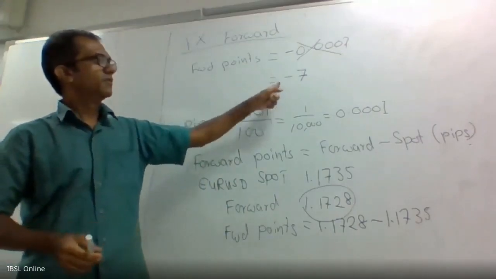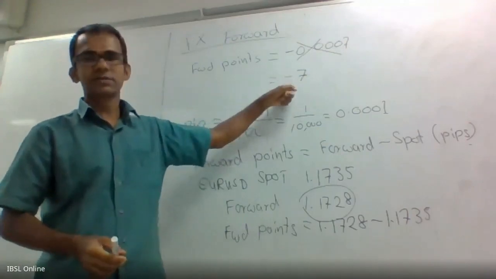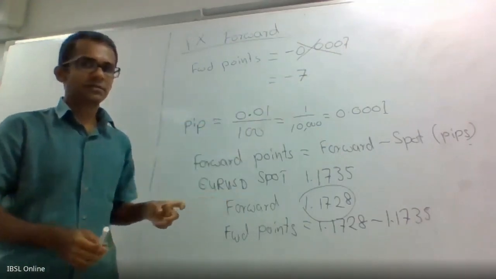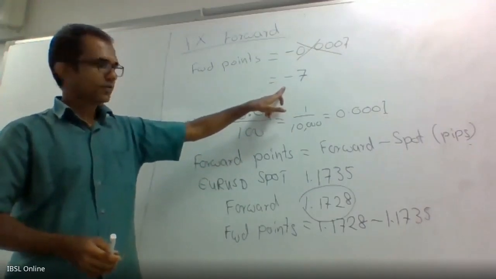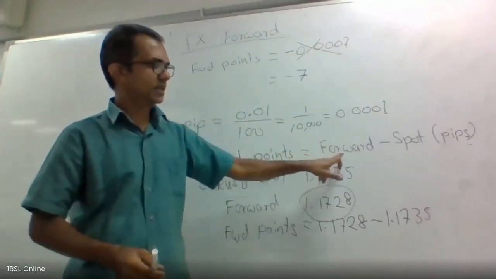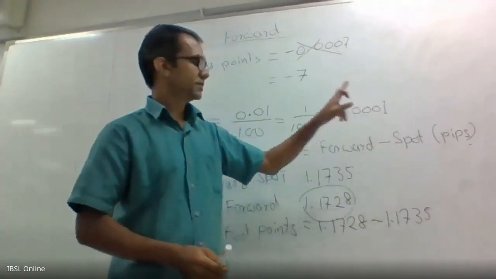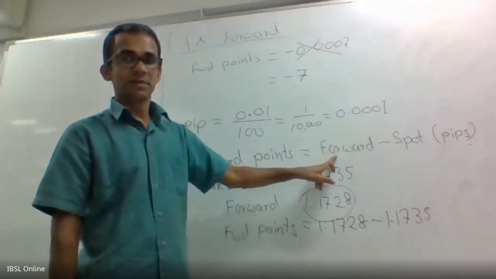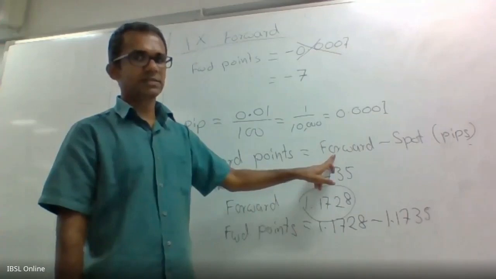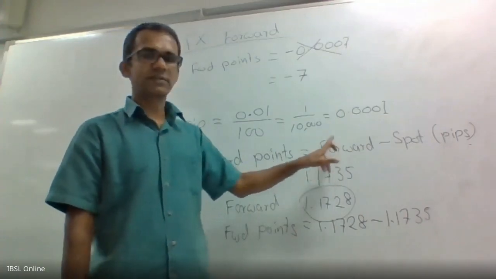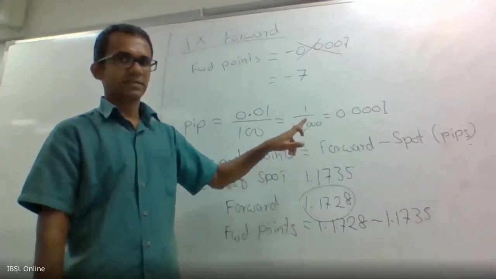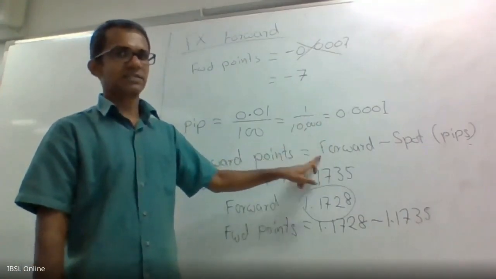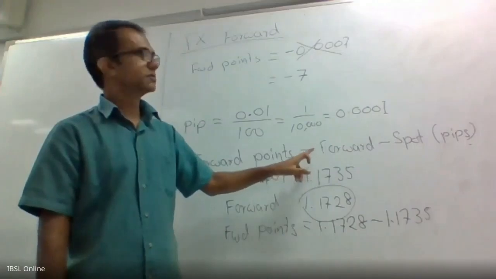And again, when you see forward points negative, what does it mean? If the forward points are negative, forward rate is smaller than the spot rate. That means interest rate of the base currency is higher than the interest rate of the counter currency, or in other words, base currency is at a discount.